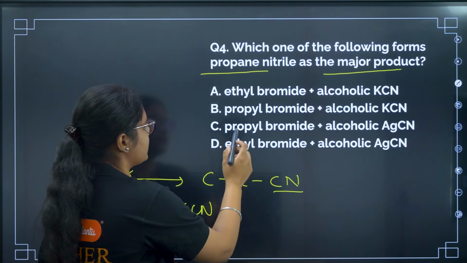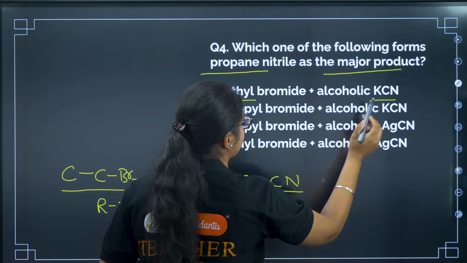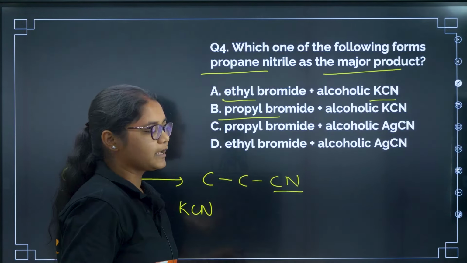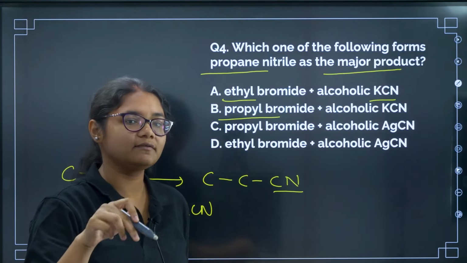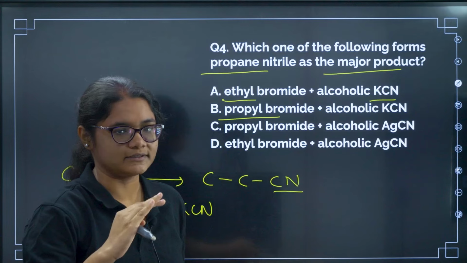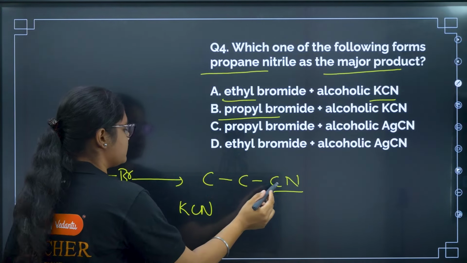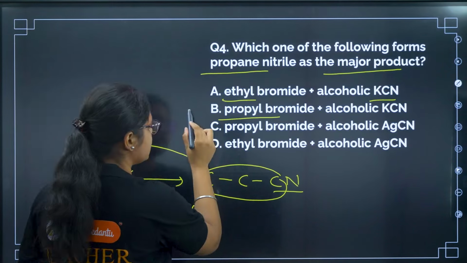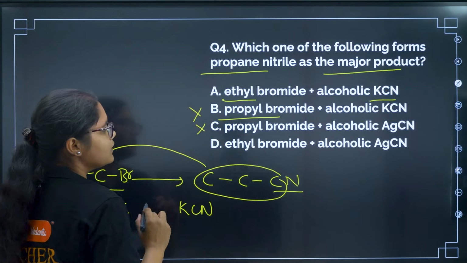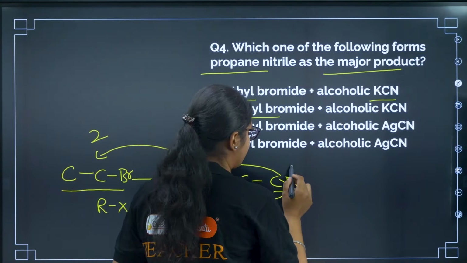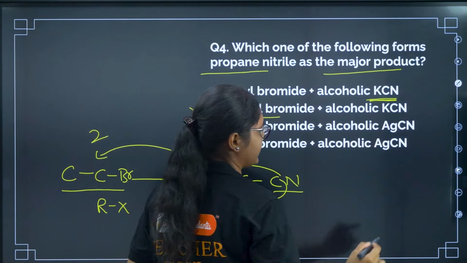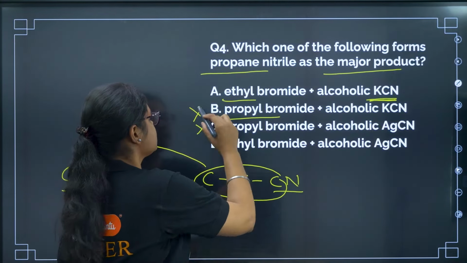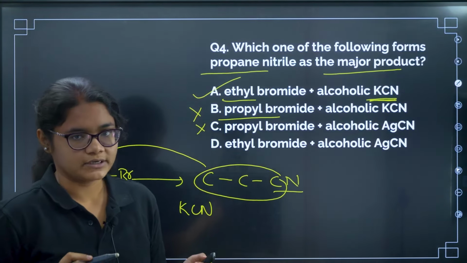So now you see if you take ethyl bromide and KCN, propyl bromide if you take and you add KCN, one more new CN will add, and the product will have 4 carbons. But in the product we need 3 carbons. That means in the reactant it should have 2 carbons, right? So from that we can eliminate these two options. Now you know for adding CN group, we need the reagent KCN and not AgCN. So the correct answer for this question is option A.